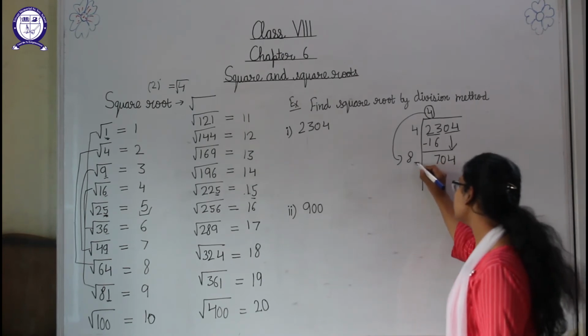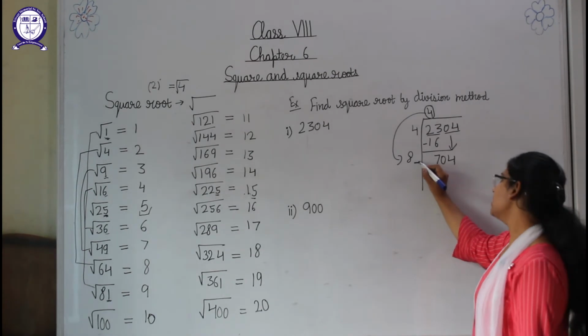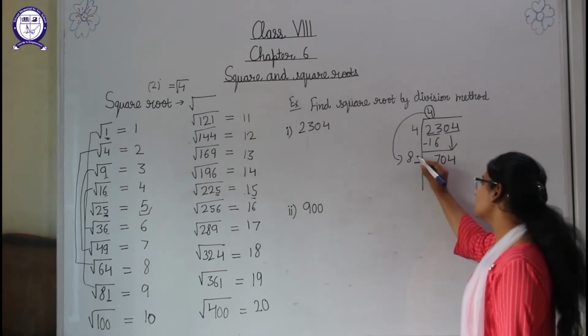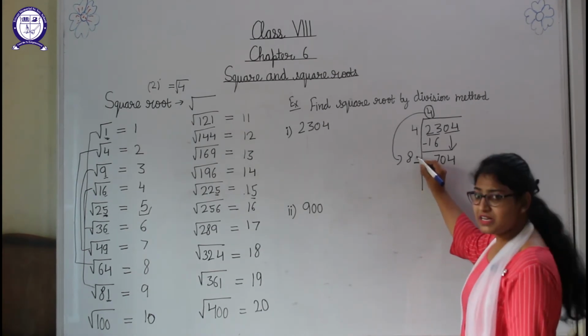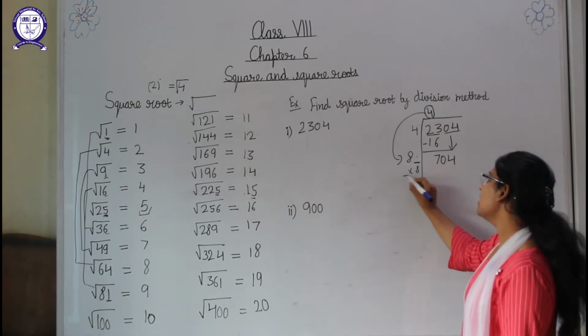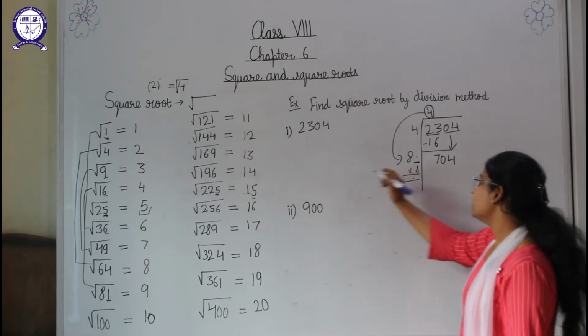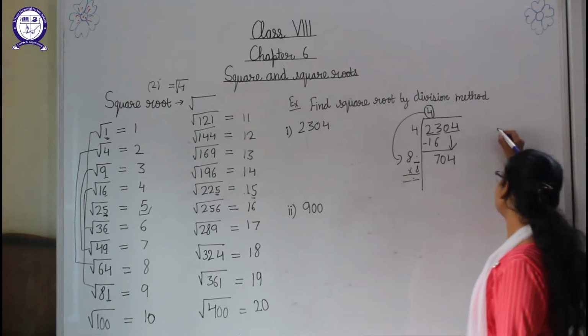Then for the unit digit, we have to find a number such that the number which we write here will be multiplied with the same number here, and whatever the answer is should be written here. Okay, here 8 is given to us.